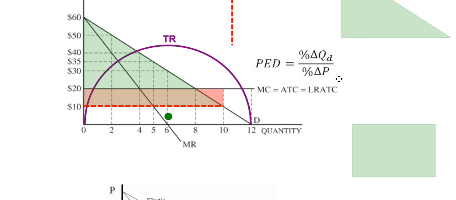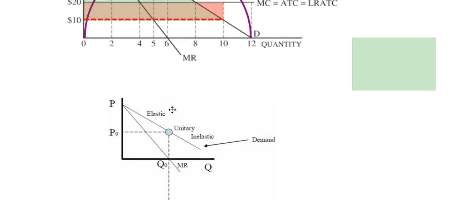Now, I want to just briefly explain why that is. As you move in this graph from producing 0 to 6, as you produce more, your total revenue is increasing. So your price elasticity is elastic.